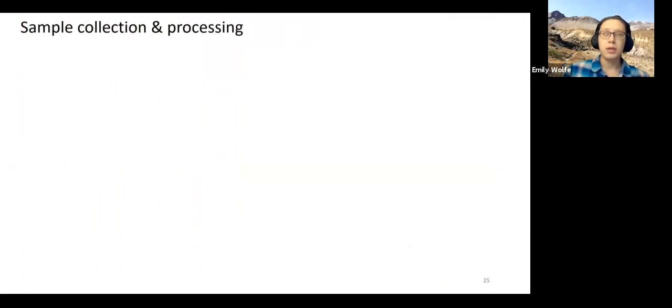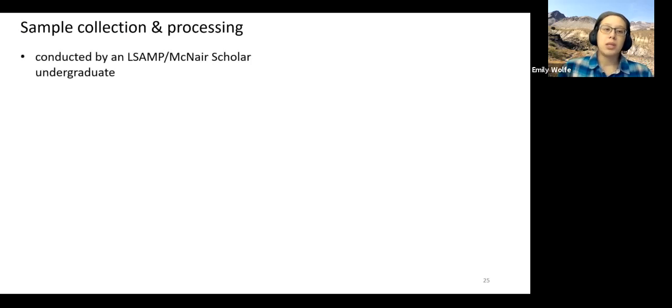So I believe this was also in 2017. And the sampling was conducted by an undergrad in the LSAMP and McNair Scholars Programs. LSAMP is the Louis Stokes Alliance for Minority Participation, which is funded by NSF. So he conducted the sampling and the DNA extractions.